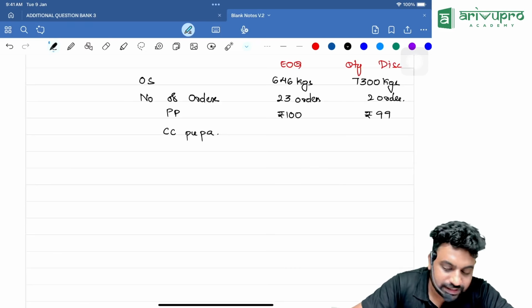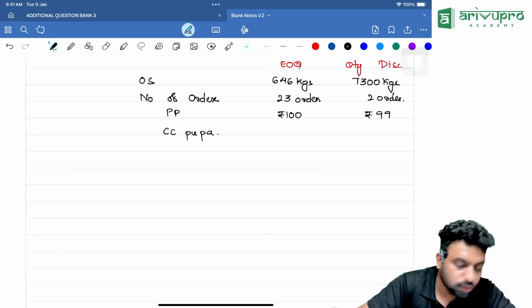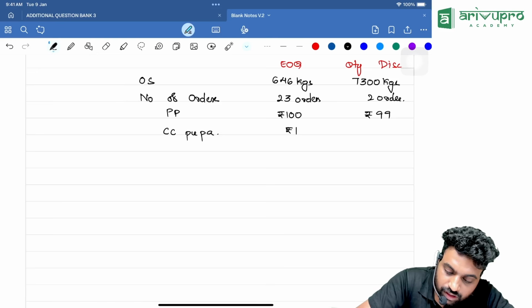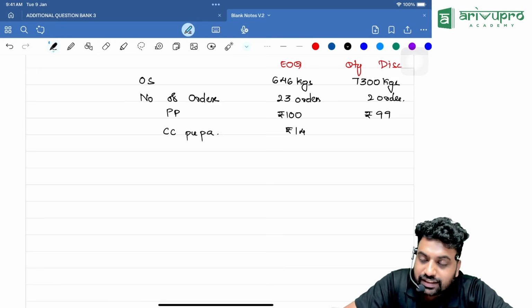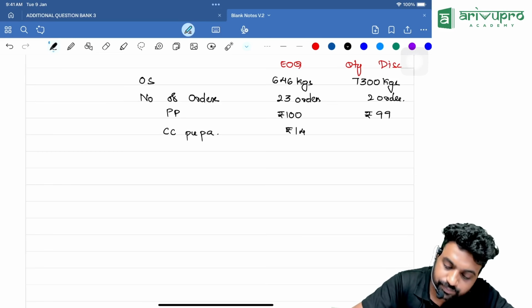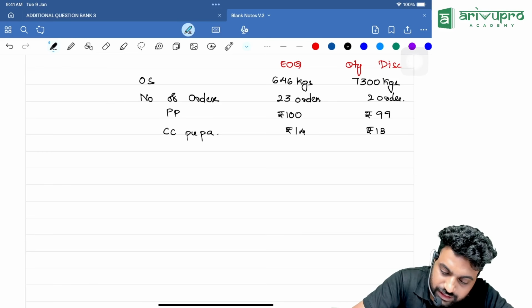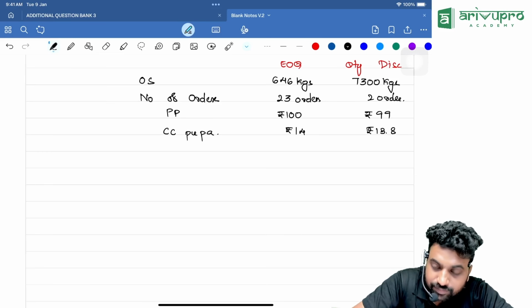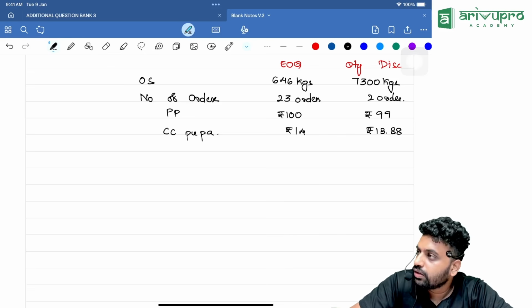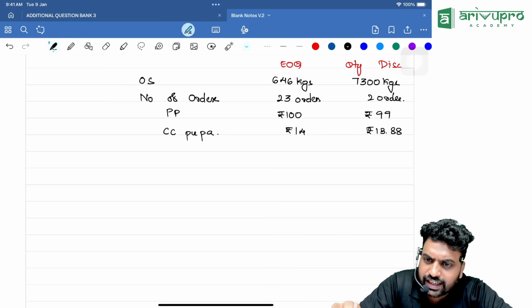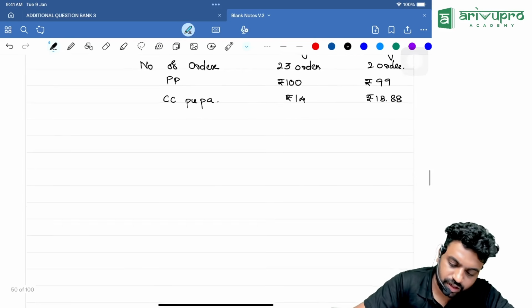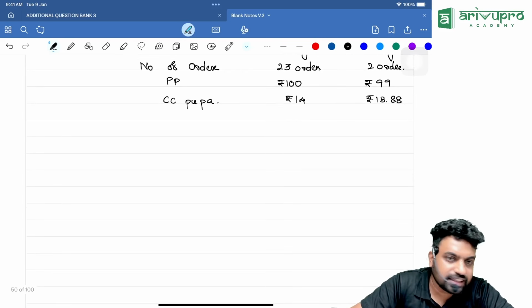For the first one, it is 12 plus 2, 14. For the next one, it is 99 into 12% plus rupees 2. 13.88. That's it. Okay. This much is clear now.